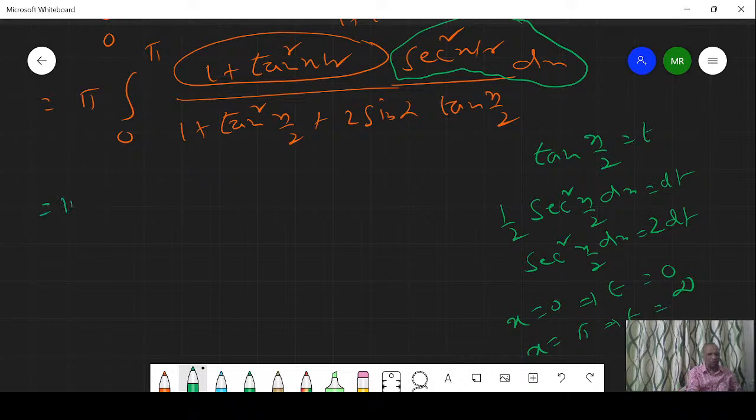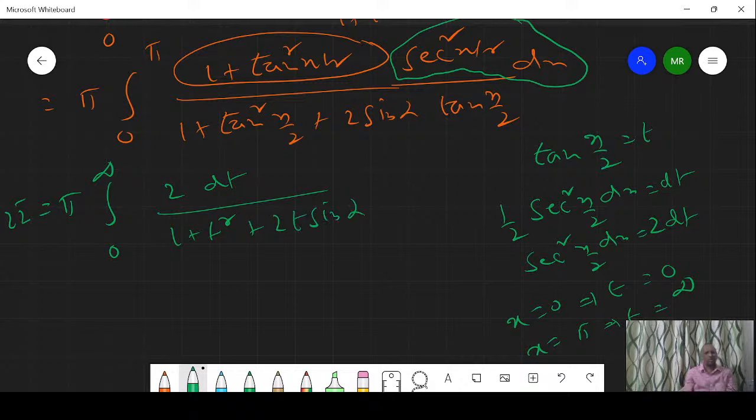I can now write pi into the integral from 0 to infinity of 2 dt. After changing all this, 2I is equal to 2 dt by 1 plus t square plus 2t sin alpha.